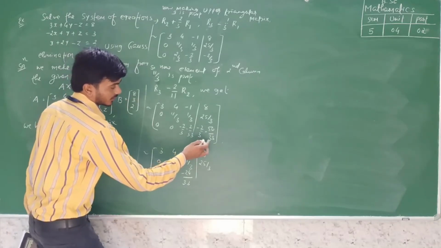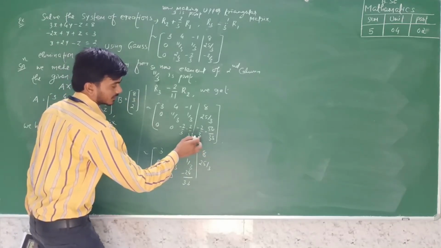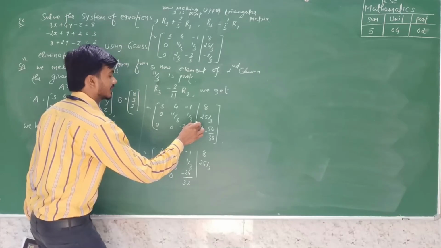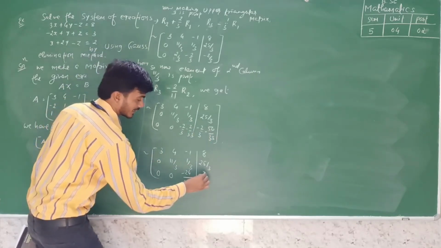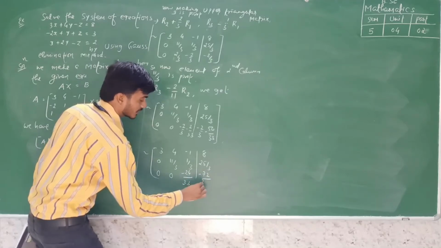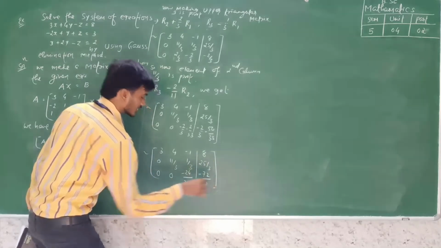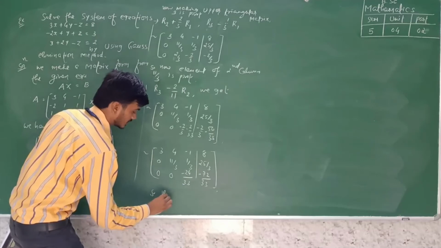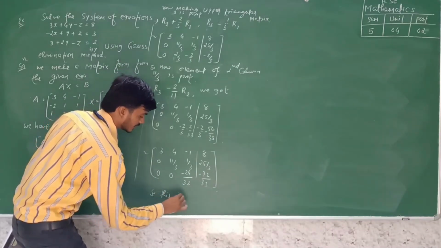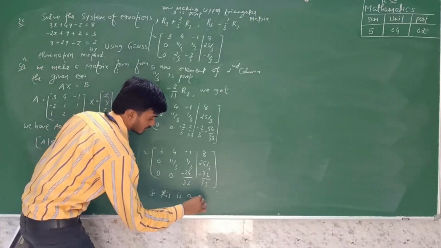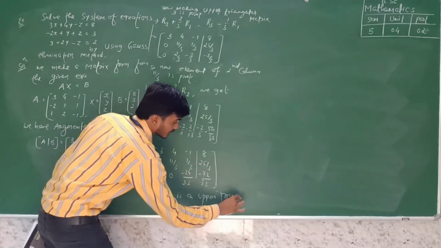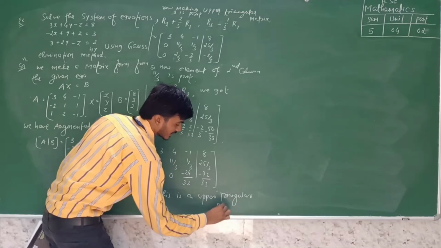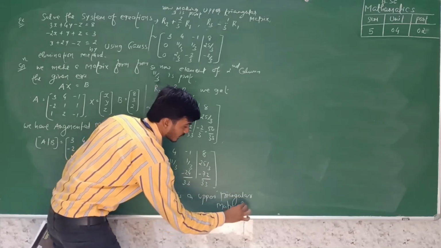Here with LCM 33, 11 minus 22 minus 50, that is minus 72 upon 33. So this is an upper triangular matrix form.